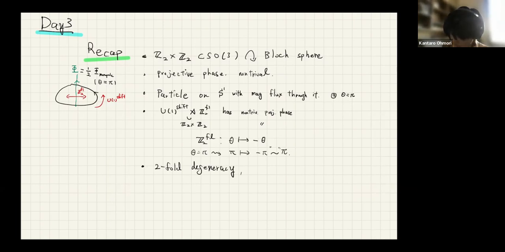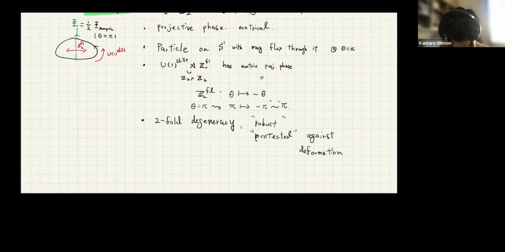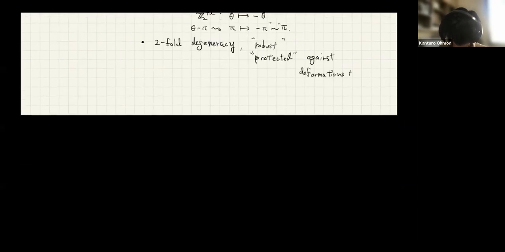And this twofold degeneracy is robust, or protected, against deformations of the system that preserve Z2 times Z2.